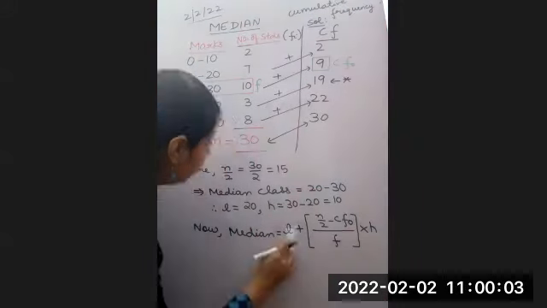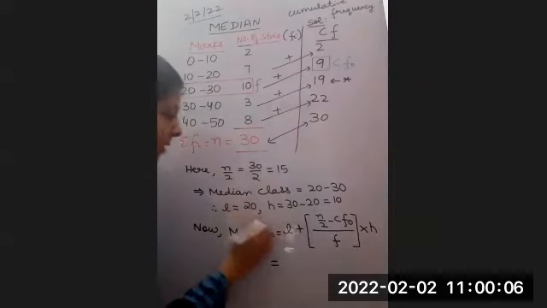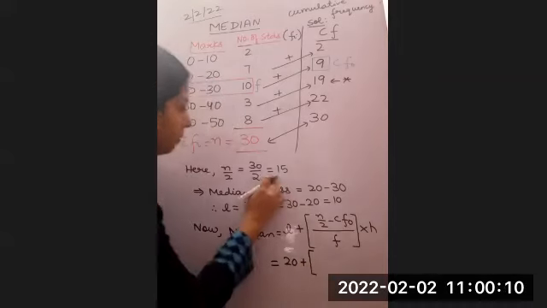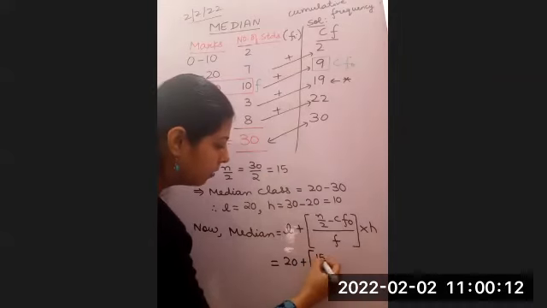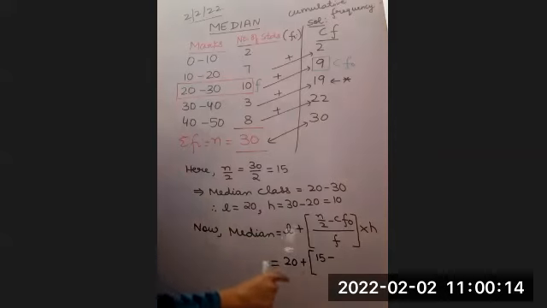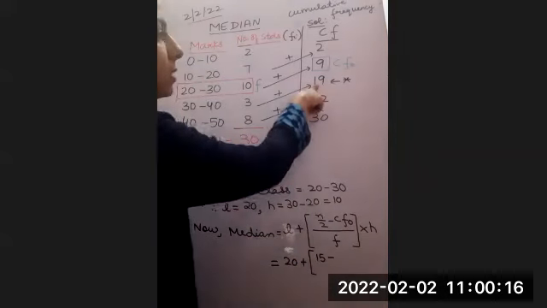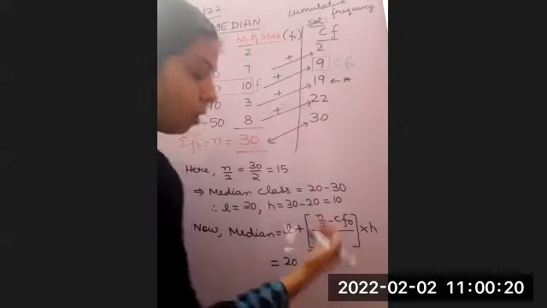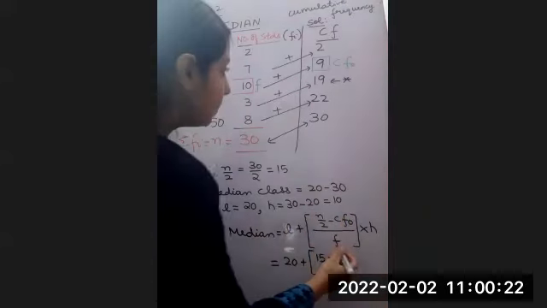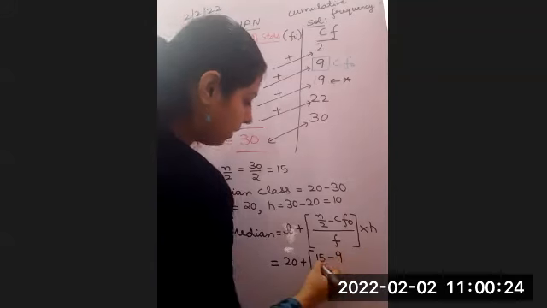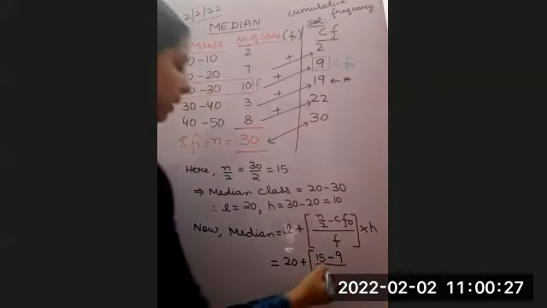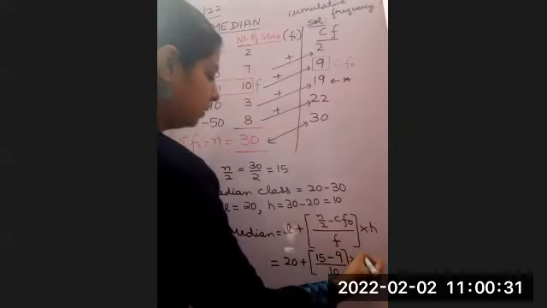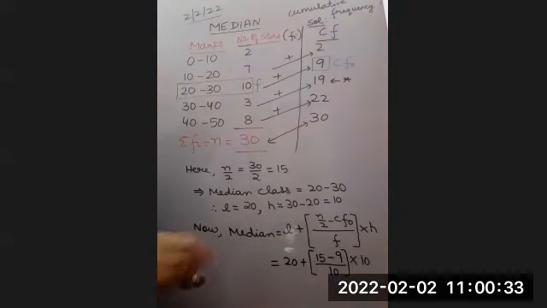All right, now let us put the values. L is 20. n by 2 is 15. Here you also get a hint: suppose by mistake you took 19, then 15 minus 19 will always be negative, which will be wrong, as you have to have a positive value. 15 minus 9 divided by 10, into class size 10.